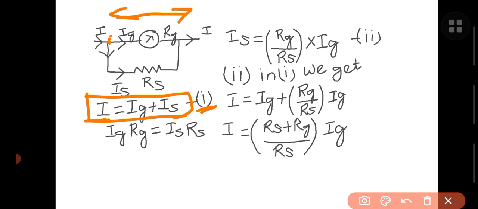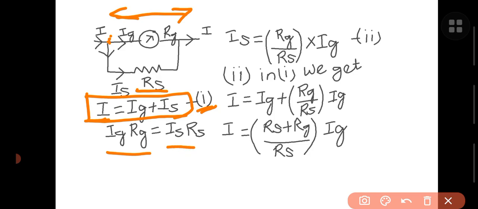Now the potential voltage drop across the galvanometer and the resistor Rs will be the same. They are connected in parallel, so the voltage drop will be equal. IgRg is equal to IsRs.